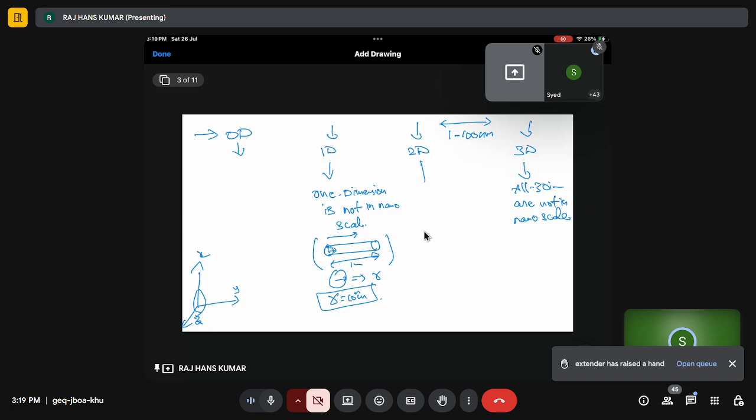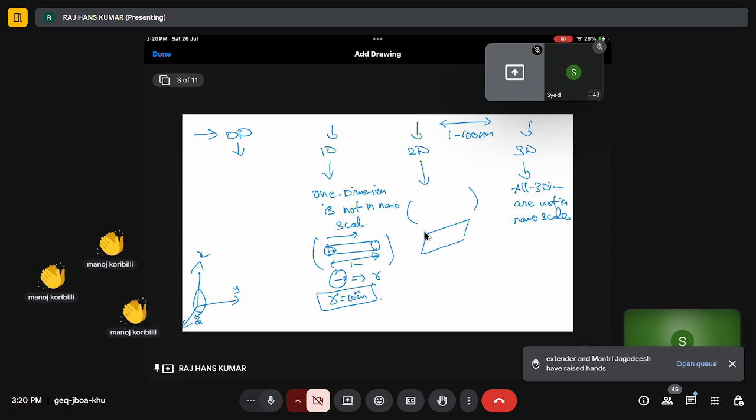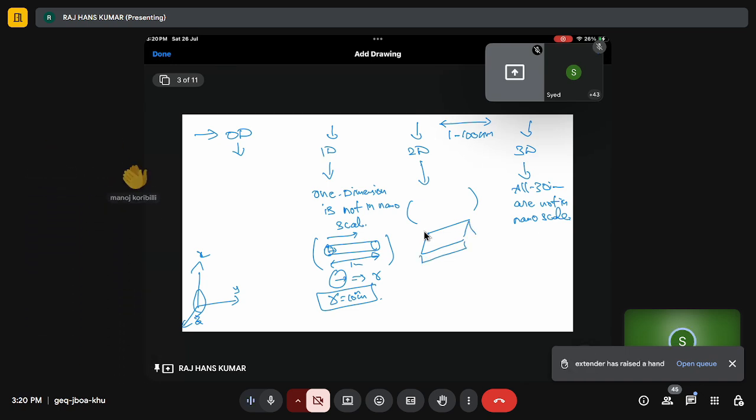Now what about two-dimensional nanomaterials? Two-dimensional nanomaterials are those where two of these dimensions are not in nanoscale. For example, if I take a thin film, then my x and y are not in nano range, but my thickness, t, is in nano range.